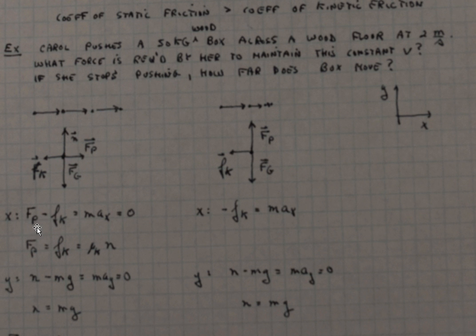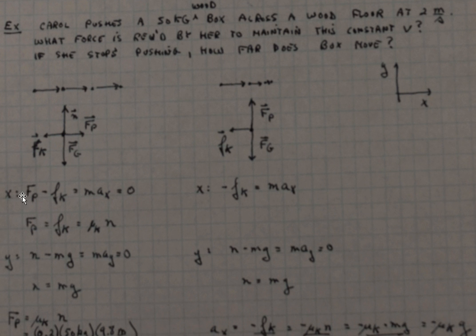And so bookkeeping that with an x and y equation, Fp minus F sub k, F sub k because the box is moving, equals m times a sub x, but since the velocity of the box in the x direction is constant, that's 0, which means F sub p, that's her push, is equal in magnitude to the frictional force, but from the modeling equation above, that's equal to the coefficient of kinetic friction times the normal force.